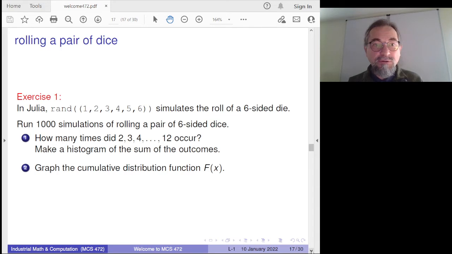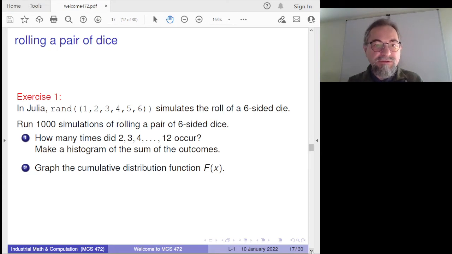So the histogram of one die will be extremely boring because every outcome has the same probability. So the histogram of one die will be just a flat line. You expect the number of times you hit 1 to be the same as the number of times you hit 6.